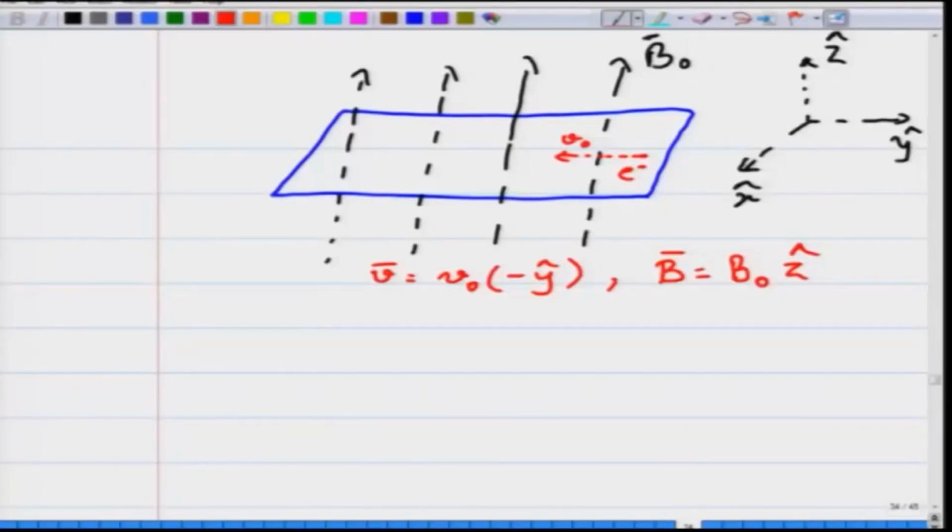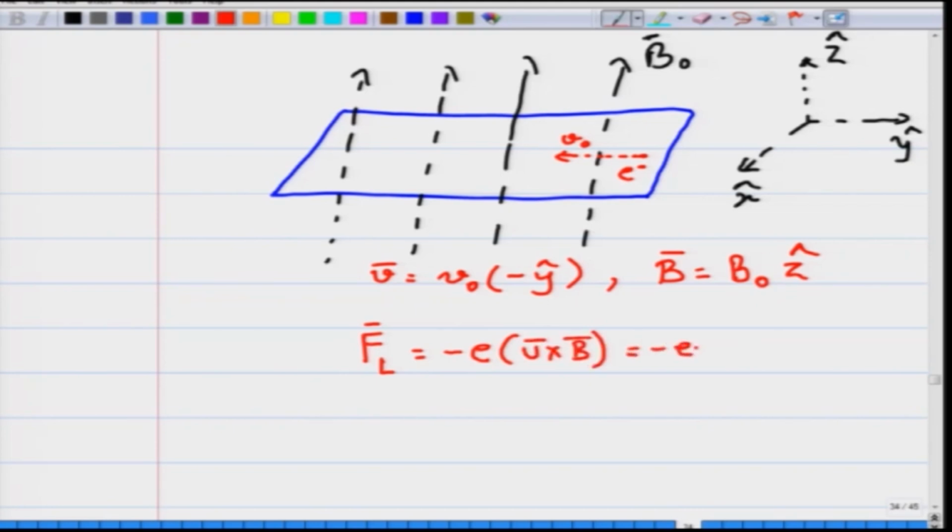What will happen? What will the electrons experience because of the flow in a magnetic field? You know that they will experience a Lorentz force which is minus e into V bar cross B bar.